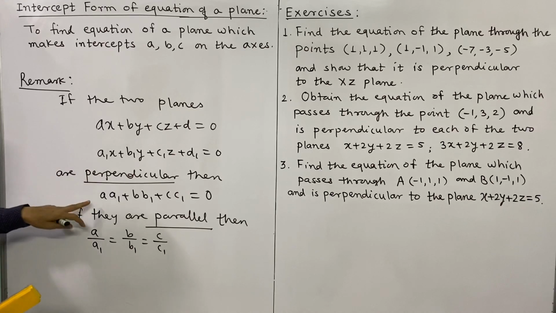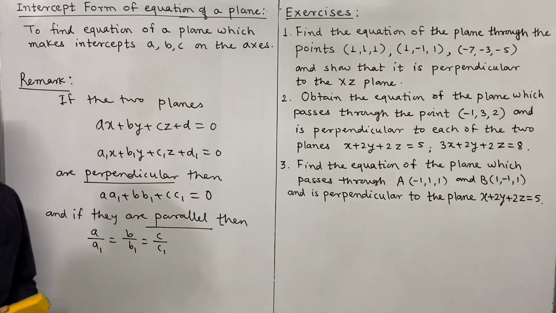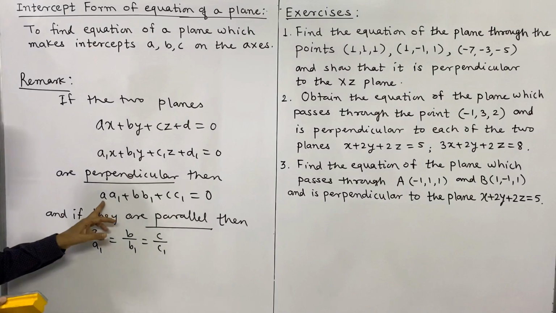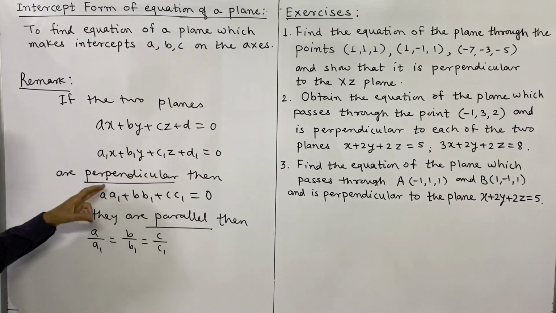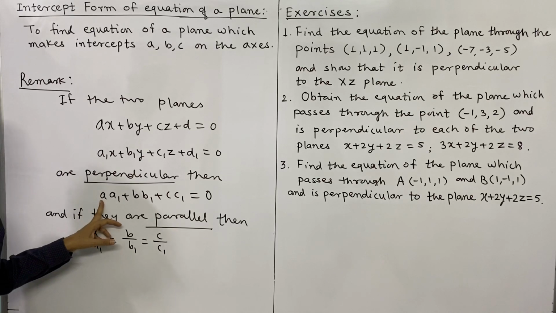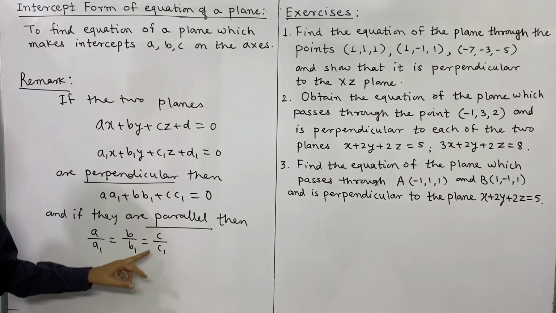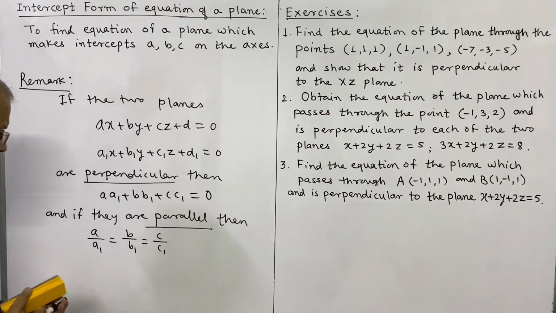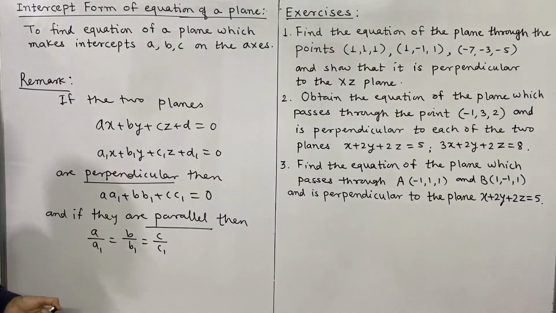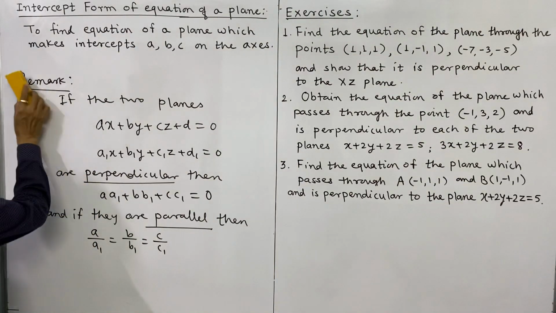Or we already know from geometry that if two lines having DRS a, b, c and a1, b1, c1 are perpendicular, then this is the relation. And if they are parallel, then their DRS are in proportion. So these two things we have to note: the condition of perpendicularity and the parallel condition.